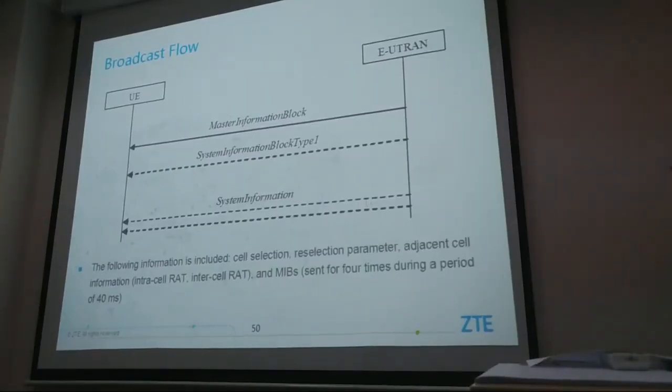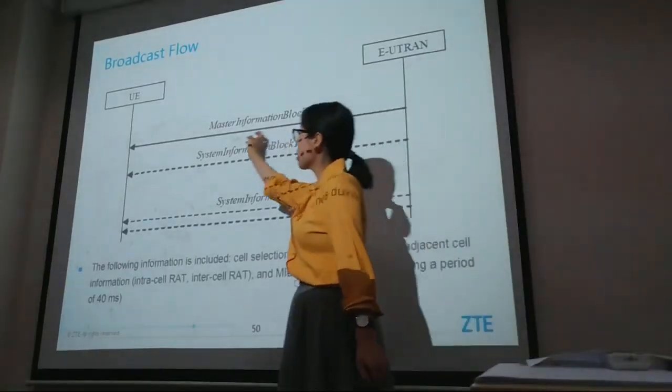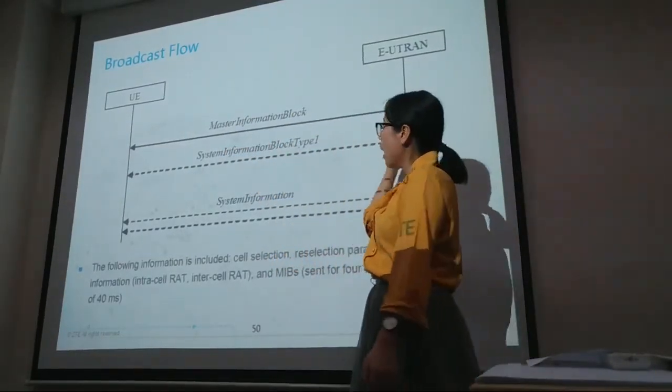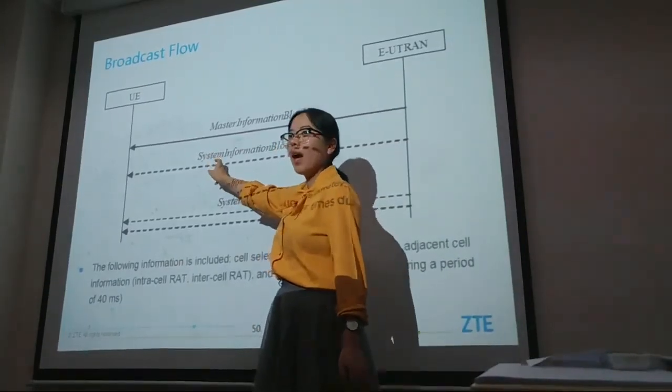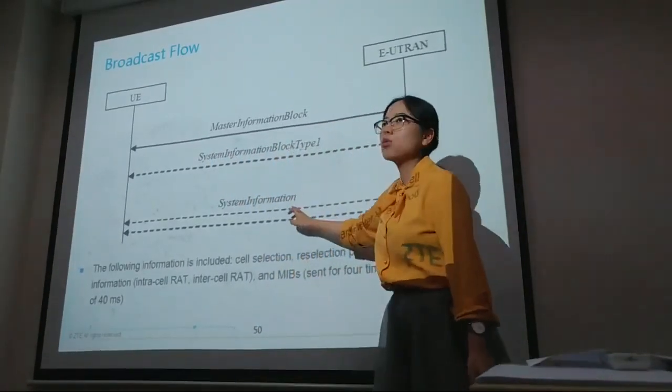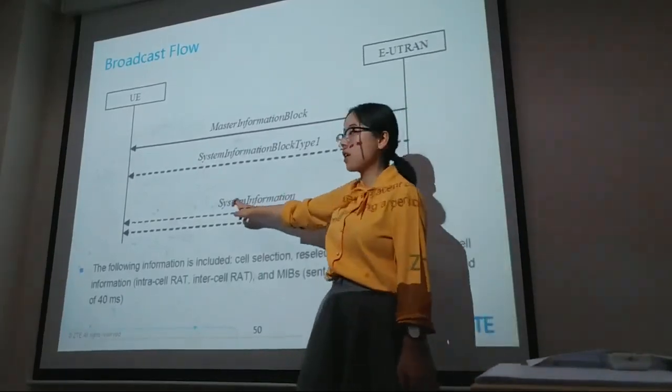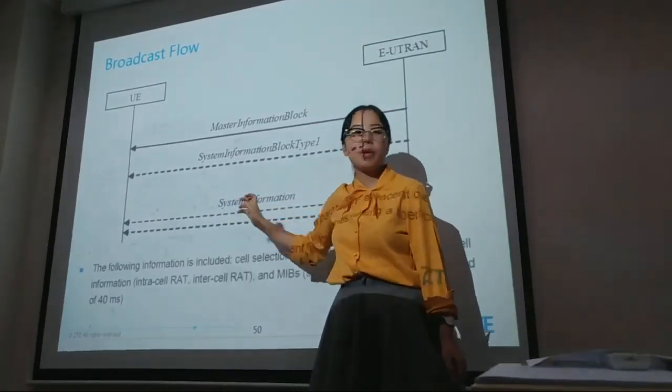SIB 4 is the cell reselection parameters about intra-frequency neighbor cells. SIB 5 is for inter-frequency. So we only use SIB 1 to SIB 5. First it receives the MIB, the master information. After that, it receives SIB 1. And SIB 2 to SIB 5 are contained in the SI, the system information.